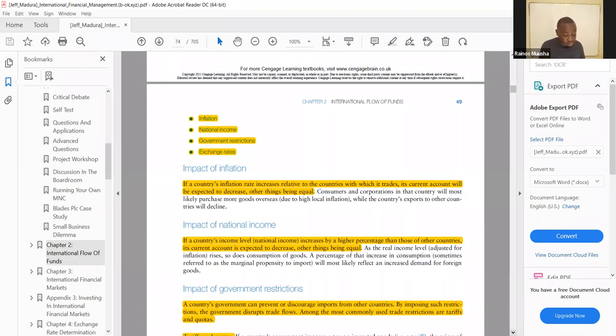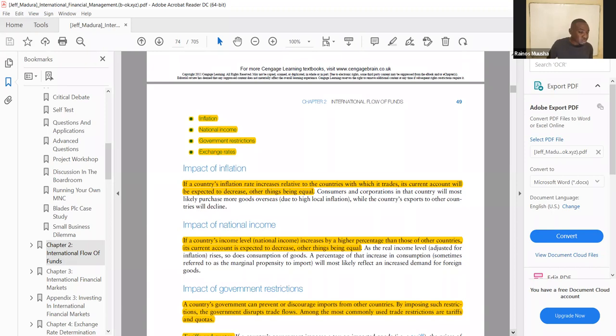So the moment our goods become more expensive compared to our trading partners, they are going to be buying less from us, and our demand for their goods and services is going to remain the same, or it might even end up increasing.